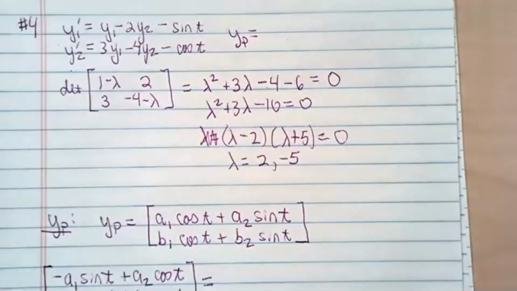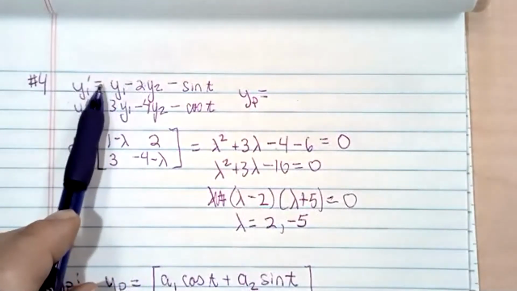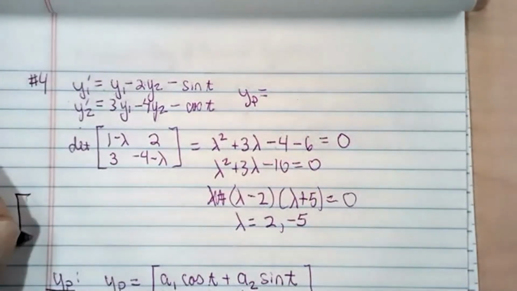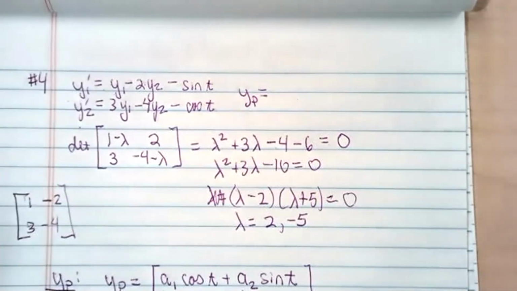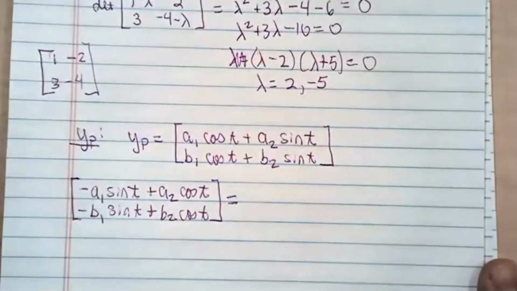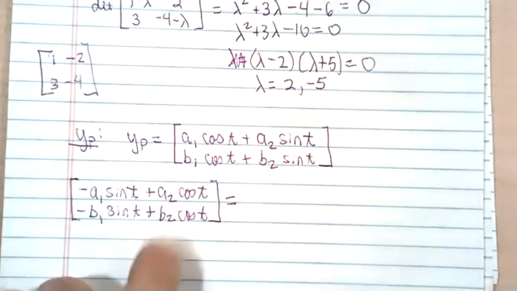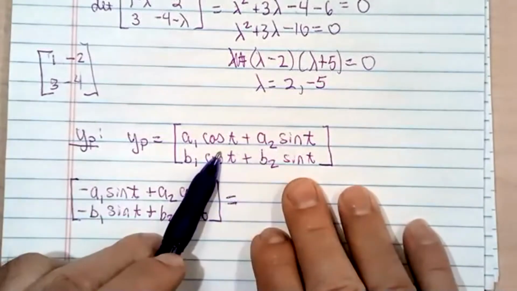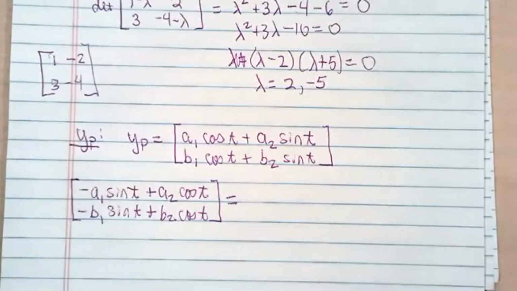And I could just, for now, write it as it's written up here. So I want my matrix, how about if I write this down here where it'll show on the screen? 1, minus 2, 3, minus 4. I'm taking that matrix times this vector. So I get 1 times all of this minus 2 times all of that.